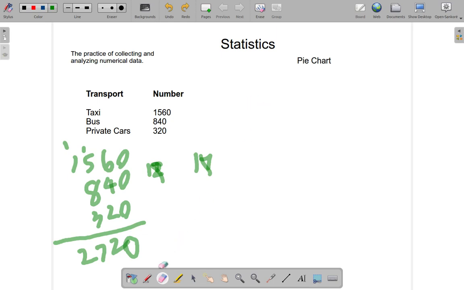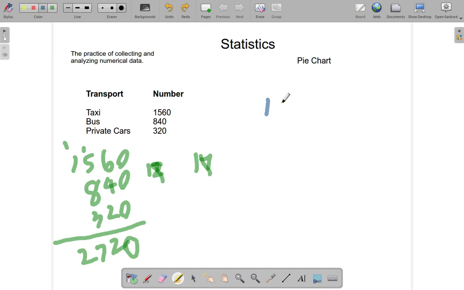Now, what I want to do is find out what proportion of the total is taken up by the 1560, and then calculate the angles using that.